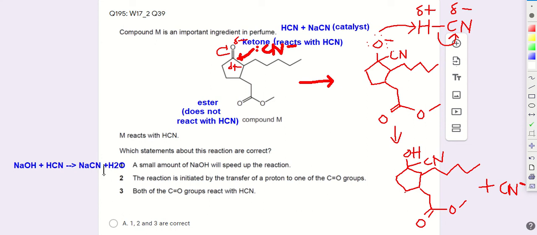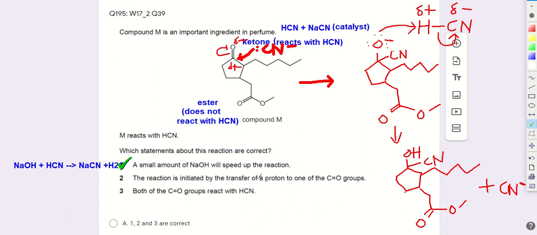So you see, this reaction gives NaCN, and the NaCN gives us the cyanide ion. So adding sodium hydroxide will speed up the reaction because sodium cyanide will form. So let me put a tick here. 1 is correct.